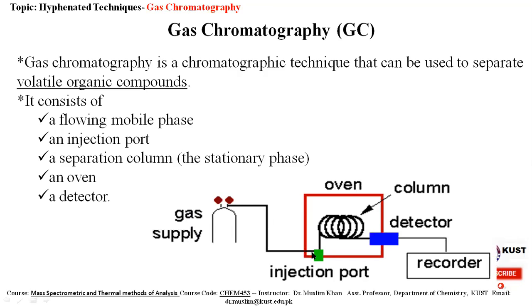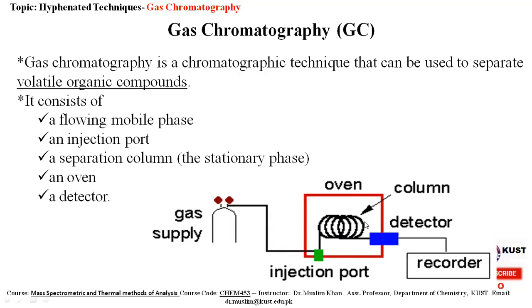And here in the path of this mobile phase gas is the injection port where we are injecting our sample. The sample has different components, different compounds. We are separating those components or compounds in the GC system. So this is the column of the GC system.